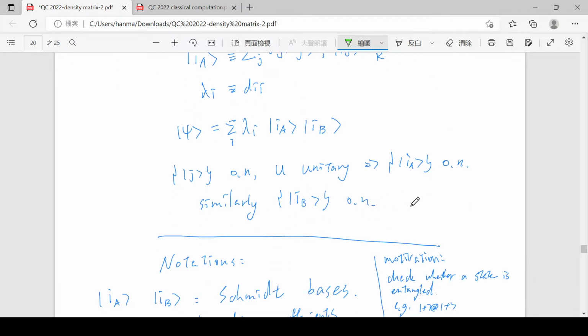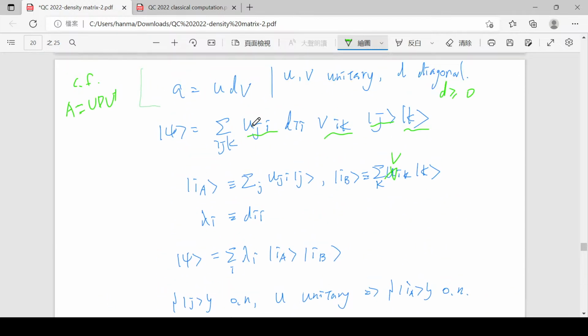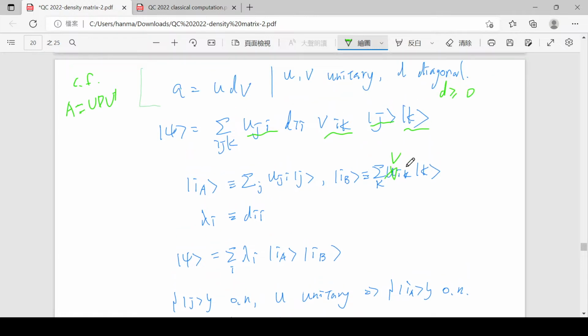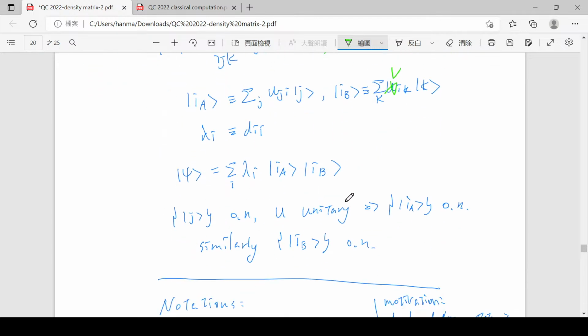We don't go over the detail, but you can easily verify it because U and V are unitary. When you define these iA and iB, you are basically doing a change of basis from the computational basis, a rotation by U and a rotation by V. If you do a unitary rotation on a computational basis, you also get an orthonormal basis.